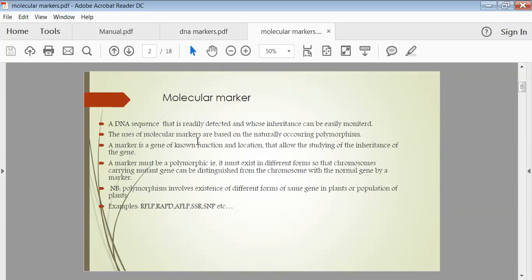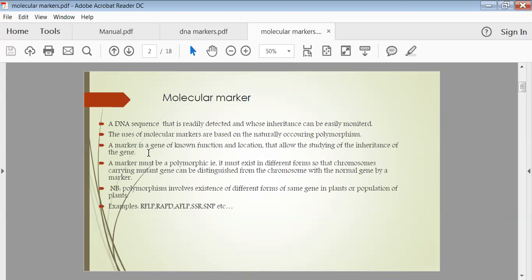The uses of molecular markers are based on naturally occurring polymorphism, to detect polymorphism among various types of populations, or genetic diversity, or to check the genetic distances. You can use the molecular marker. Okay, a marker is a gene of known function, as already told, and location, that allows the study of the inheritance of the gene.